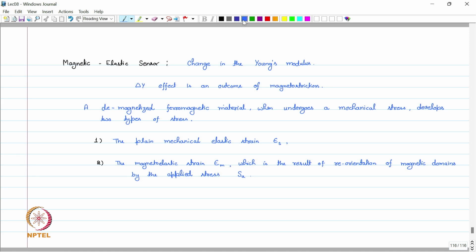So we can write the overall Young's modulus for this magnetized material.